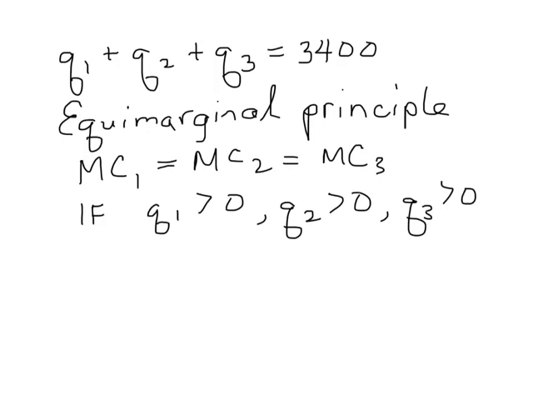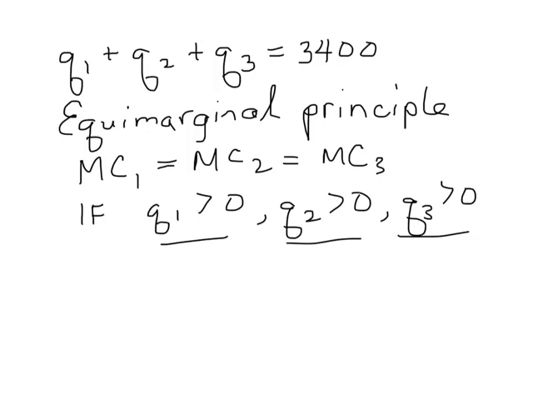So if ever the equimarginal principle doesn't hold and the cleanup in each methodology is greater than 0, then you can always reduce costs by switching from a relatively high cost unit cleaned up. Remember, marginal cost is simply the cost of the last unit cleaned up. You would reduce costs without reducing cleanup. So only when those three marginal costs are equal, if we're cleaning up across all three methods, would we be minimizing costs.